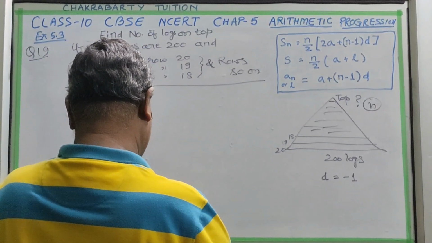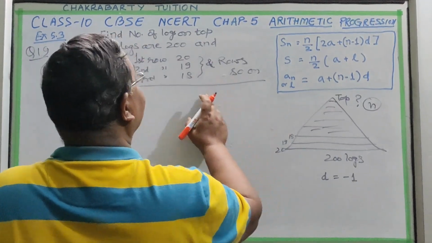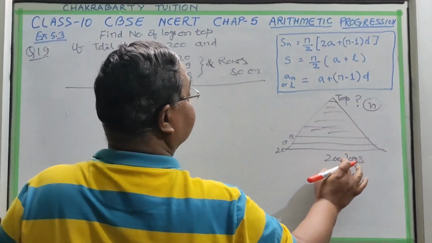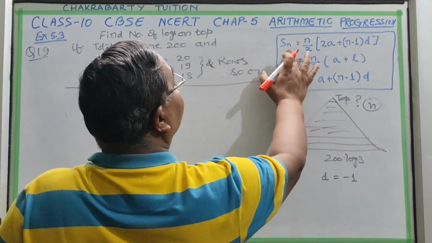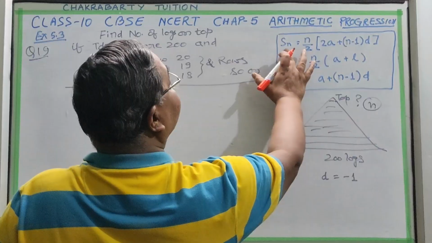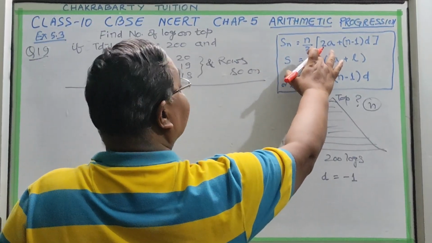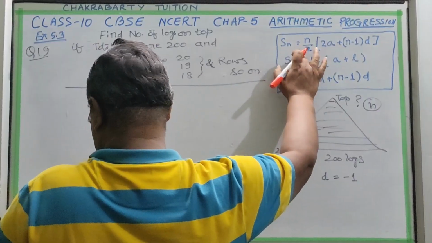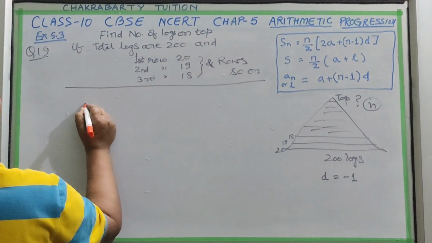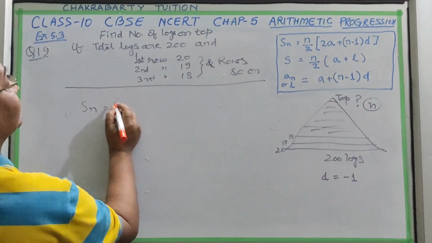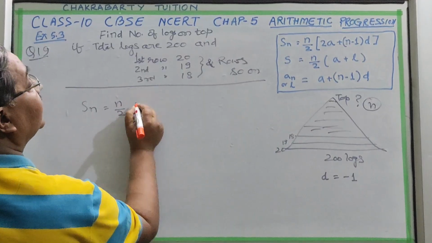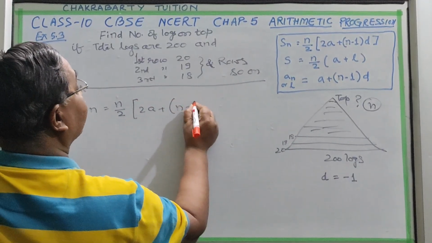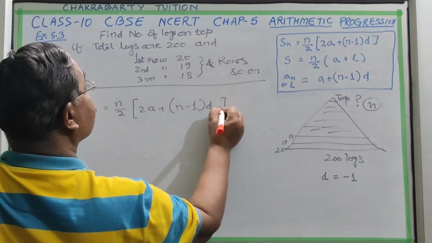So the sum of all the logs is 200. We have A, we have D, and we have to find N. So we are using this formula, it will be easier. Sn is equal to N by 2 into (2A plus (N minus 1) D).